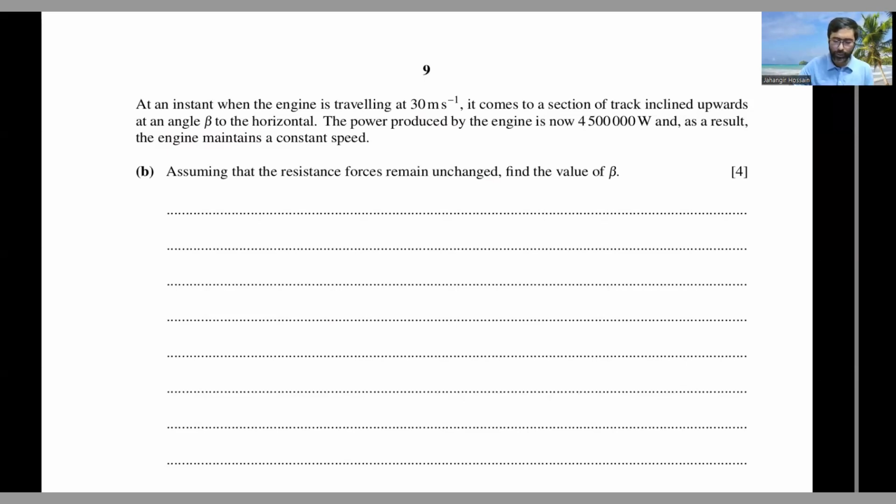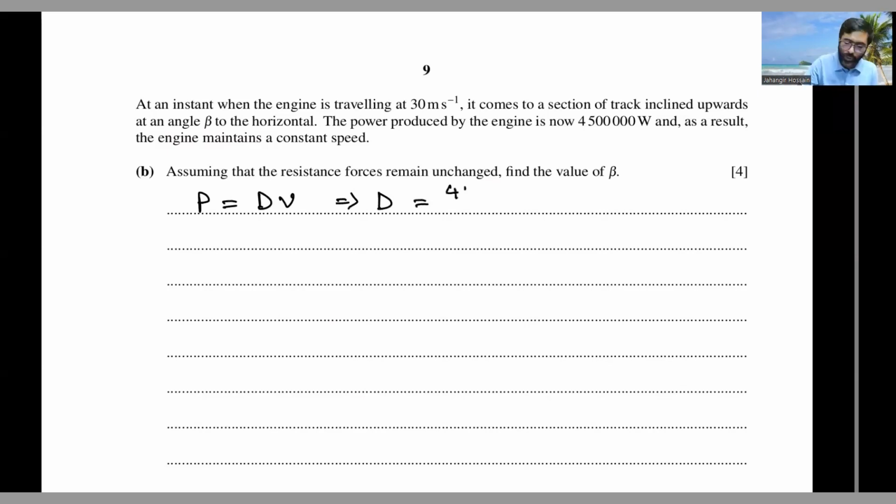It moves with constant speed. So from power, remember, power equals forward driving force into V. So from this one, you can calculate the force.